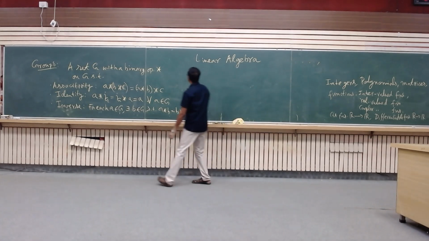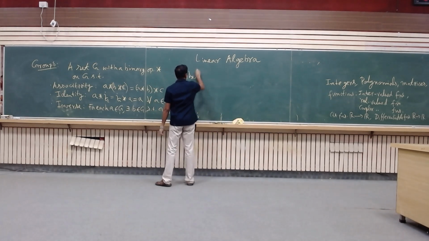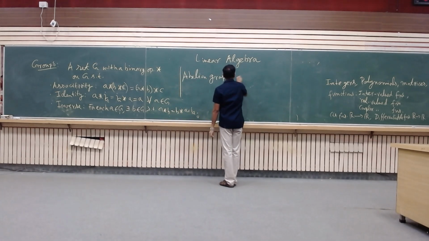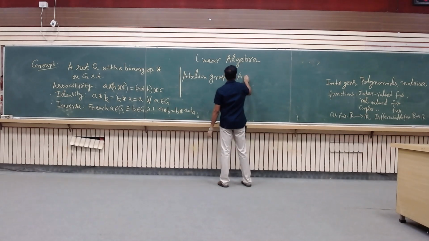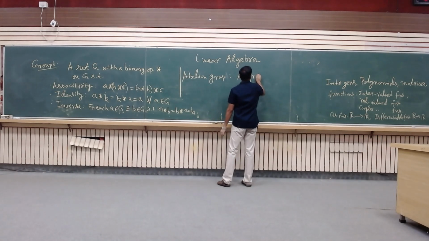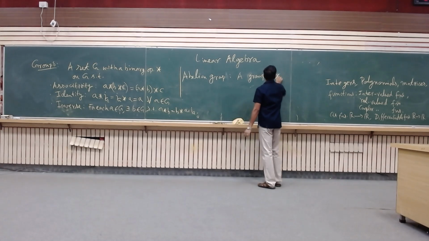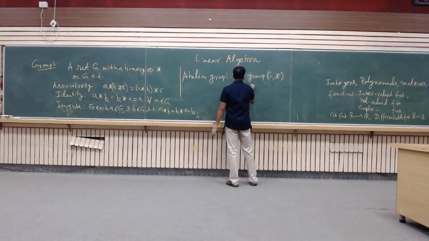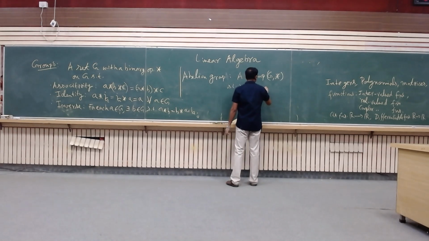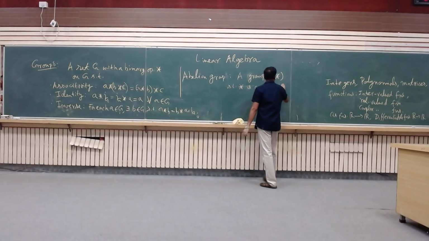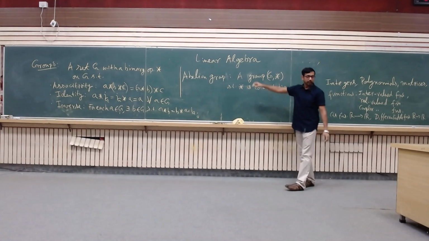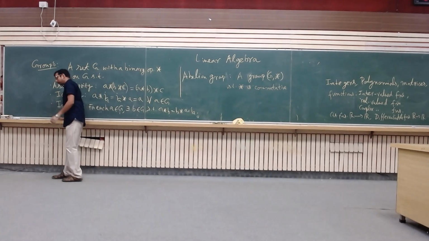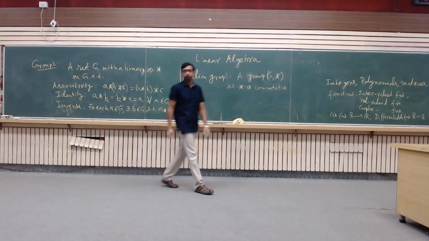So abelian groups: a group G such that this operation star is commutative. And this concept of abelian group we are going to use over and over again, because a vector space, which we will define soon, is an abelian group.